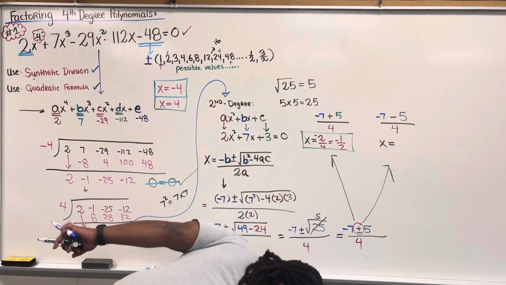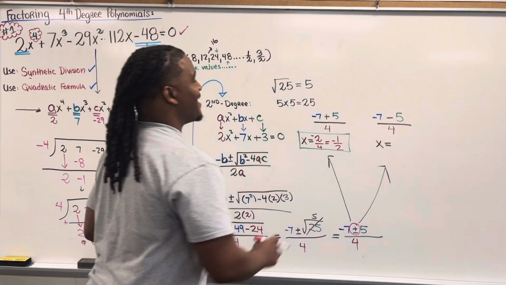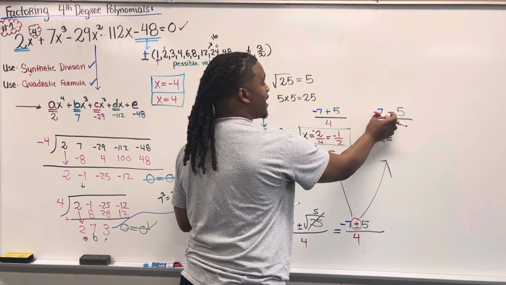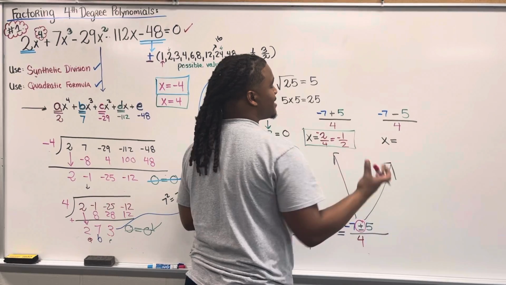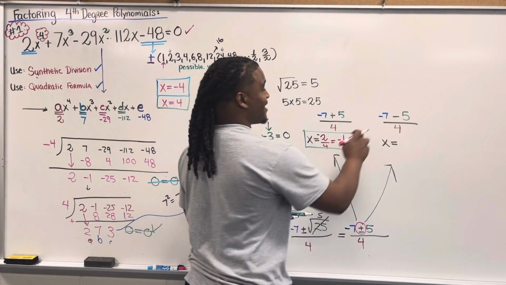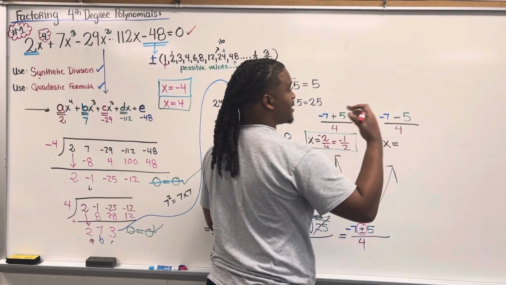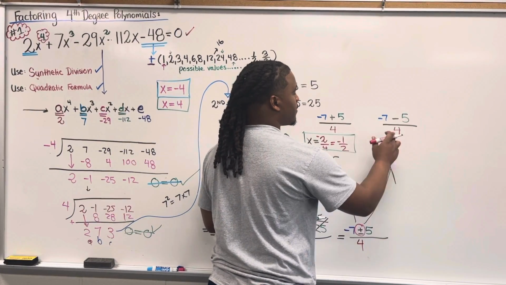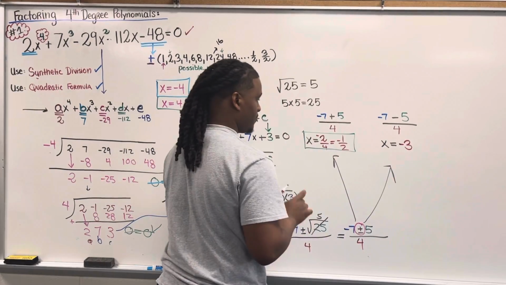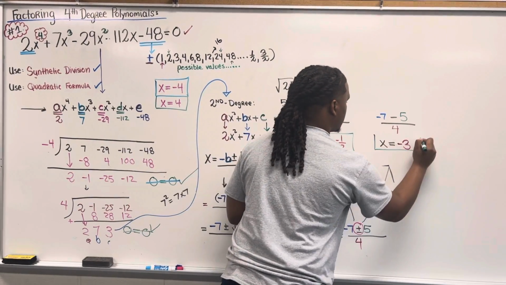And now, last but not least, we have -7 minus 5. Whenever you have two negative whole numbers, just add them up like positives and keep the negative sign. So -7 minus 5 is -12, and -12 divided by 4 is -3.